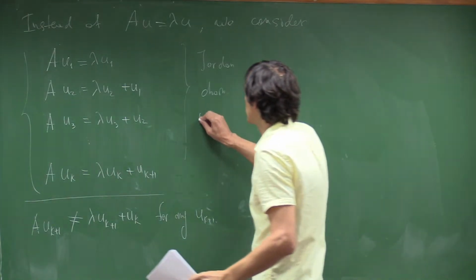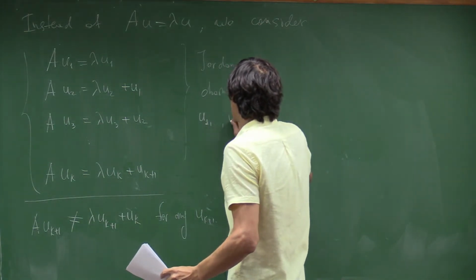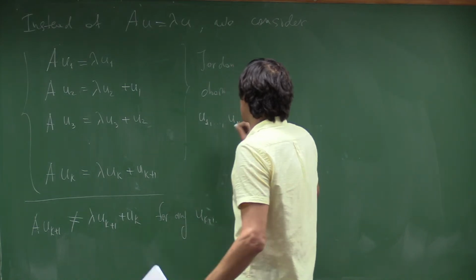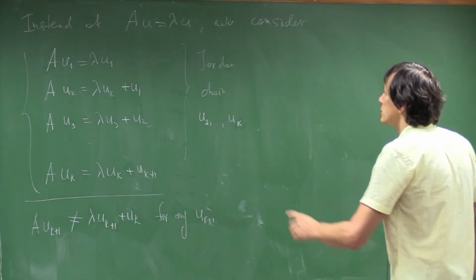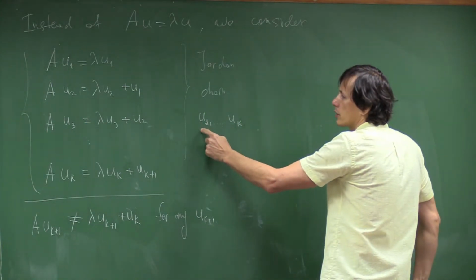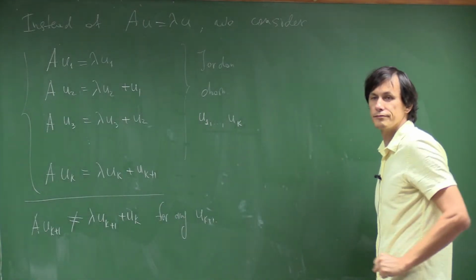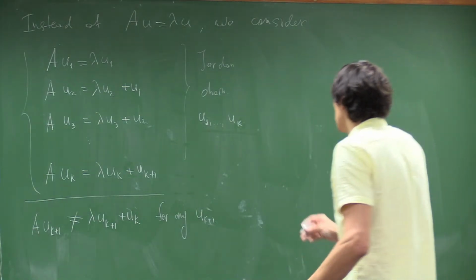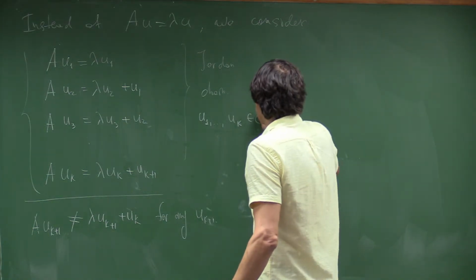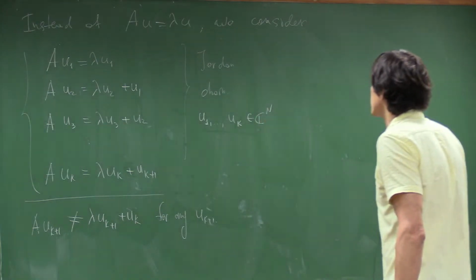The Jordan chain will give you k vectors. You can clearly see that if U1 is non-zero, because it's an eigenvector, then all of them are non-zero. In principle, they're all complex, because the eigenvalue is in principle complex.